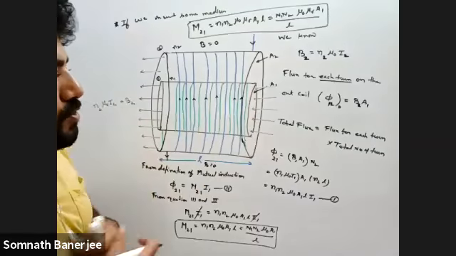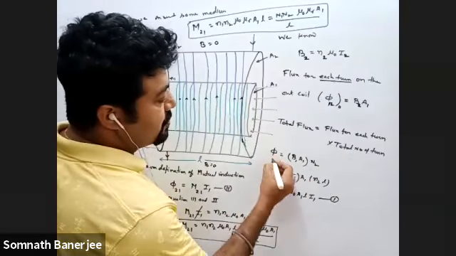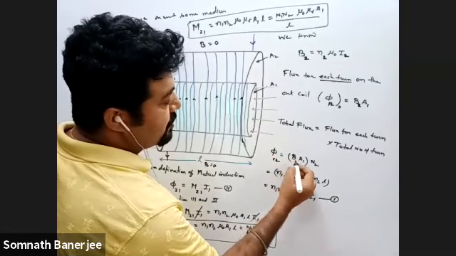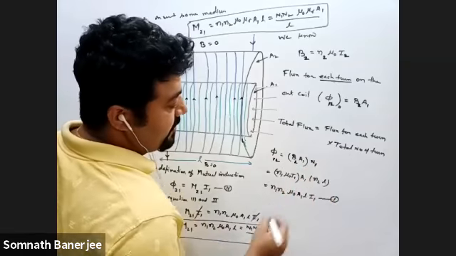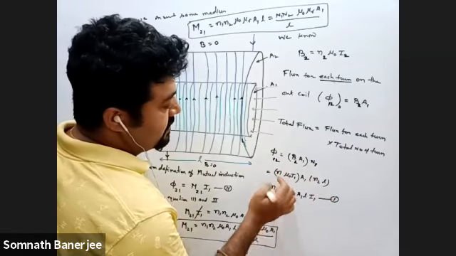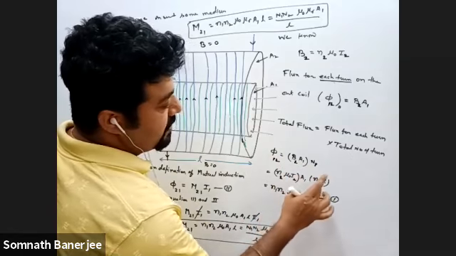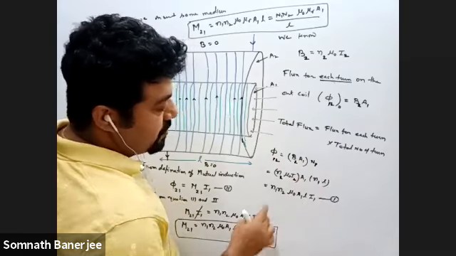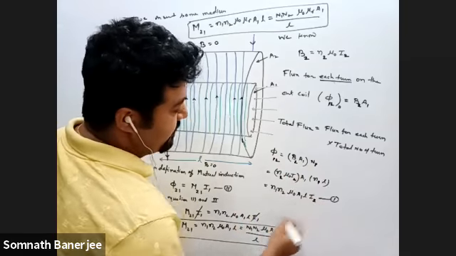And so total flux is the flux of each turn into the total number of turns. So we write phi 1 2, we write phi 2 in 1, and here we write the number of turns N1. So we write N2, N2, N1, into mu naught I1 same, and this is not I1, now it is I2.